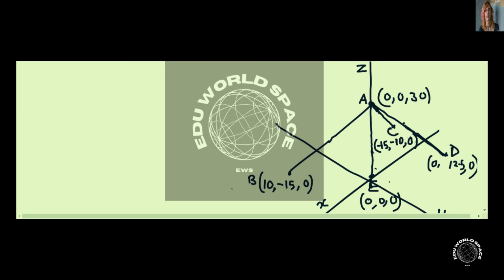All right, we'll have something that looks like this. For instance, if we are considering AB, we consider the position vector, say RB, which is going to be equal to 10i minus 15j plus 0k.